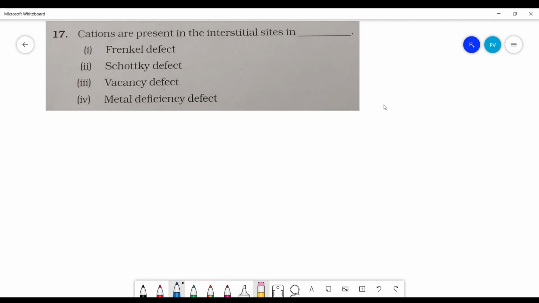Cations are present in the interstitial sites in what? So here the question is, cation usually means a smaller ion.